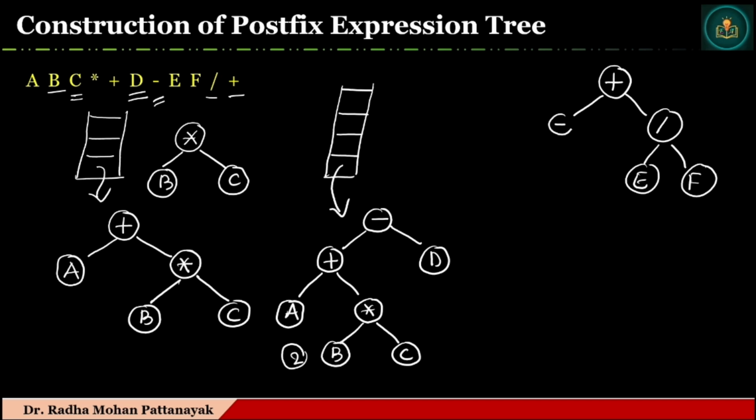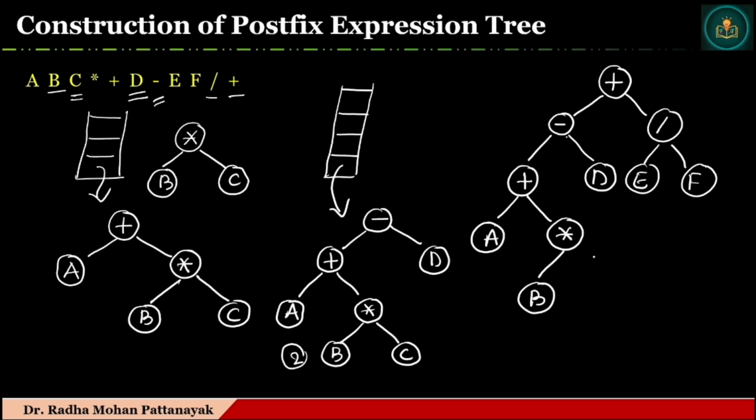This is minus. Minus right is D. Minus left is plus. The same tree I will draw here. Plus left is A. Then plus right is multiplication. Then multiplication left is B and multiplication right is C. Now all the characters are completed. Whatever final tree you have drawn here is called your postfix expression tree. Okay, this is your final postfix expression tree.